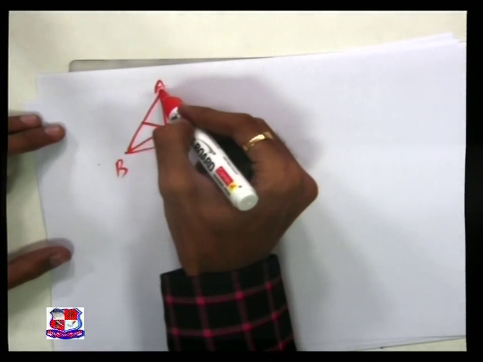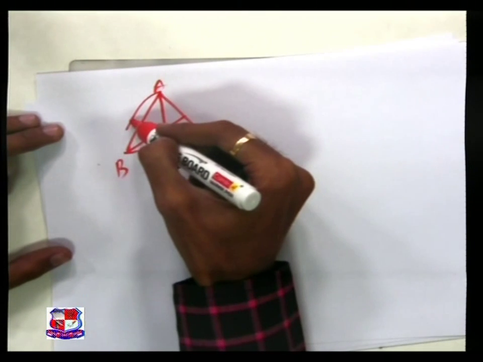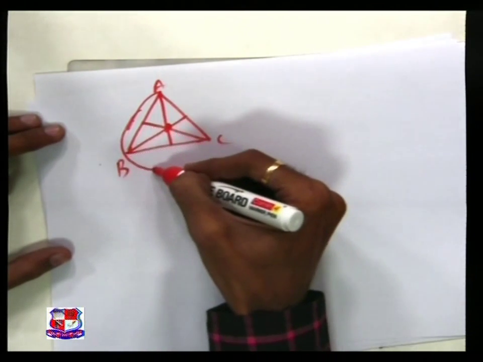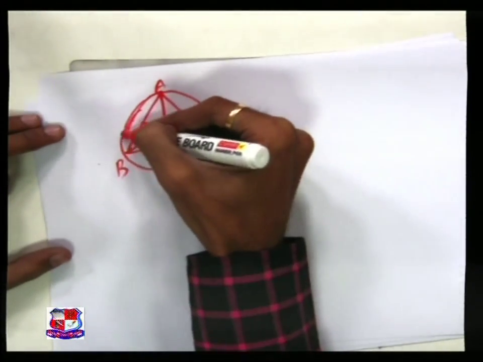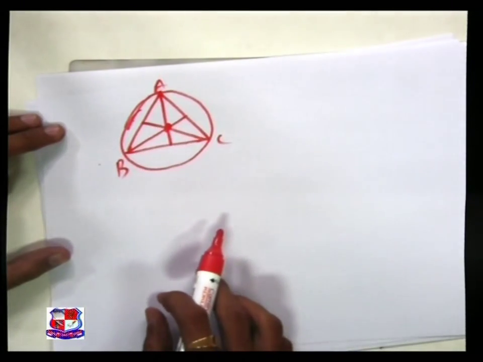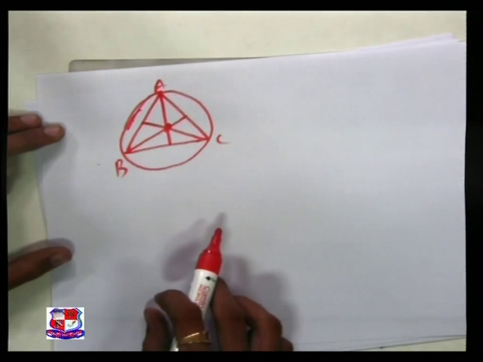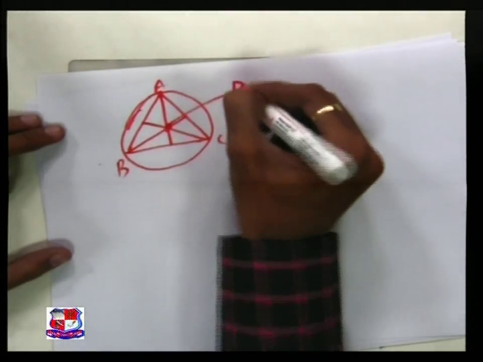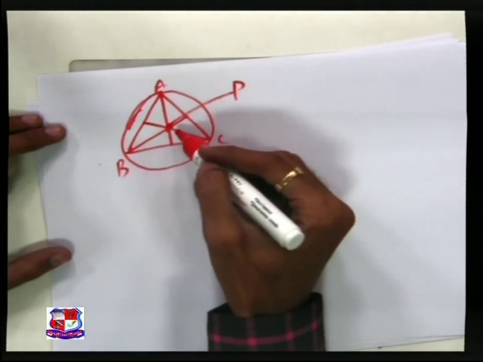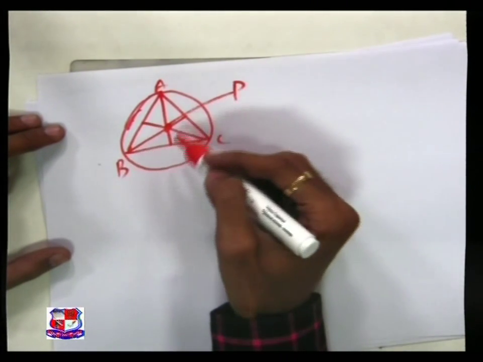Or I can say, if I draw the circle here which passes through all these 3 points of the triangle, then if I say this is the P, then P is the circumcenter of the triangle.